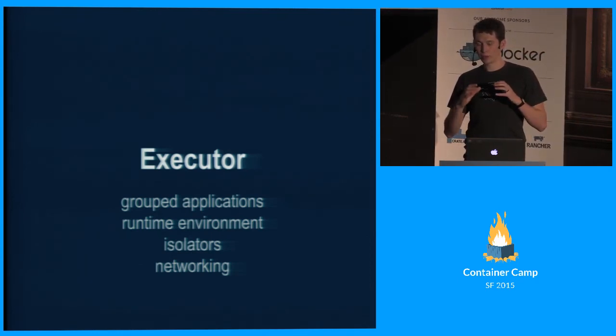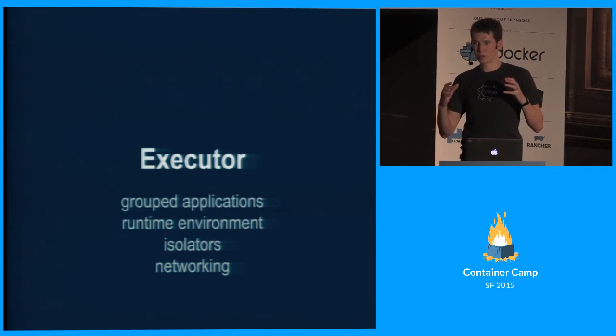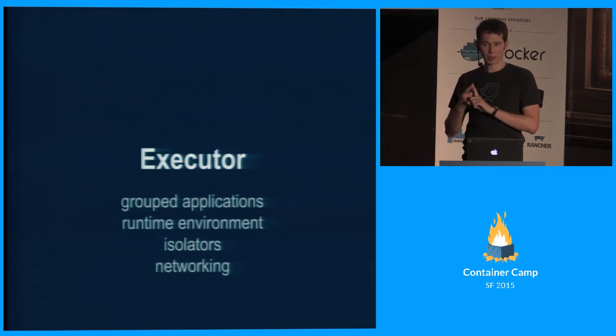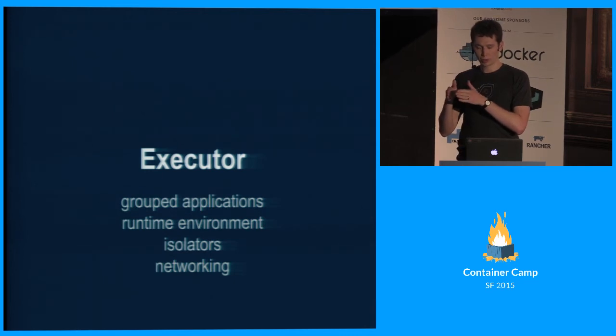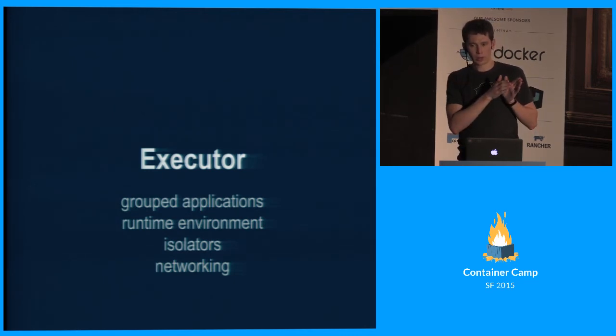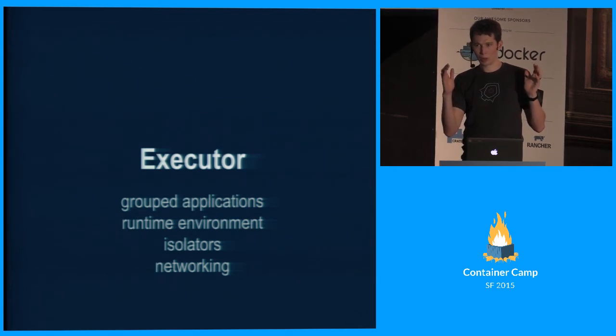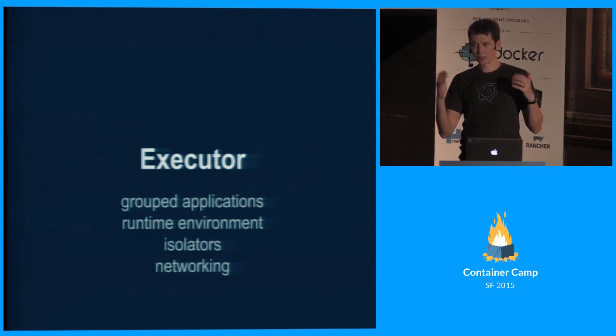In the case of Rocket, we have various ways of setting up networking. The primary two ways are private networking, where you get an IP address assigned to this container or this pod, and host networking, where that container actually runs in the same network namespace, has access to all your Ethernet devices.